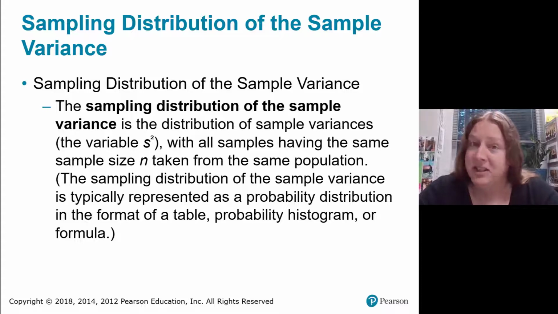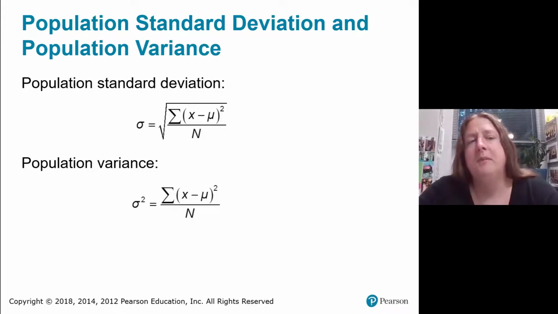So now let's take a look at the variance. The sampling distribution of the sample variance is again the distribution of sample variances with all samples having the same sample size taken from the same population. Same deal. Remember, we know how to calculate the population standard deviation and also the variance.